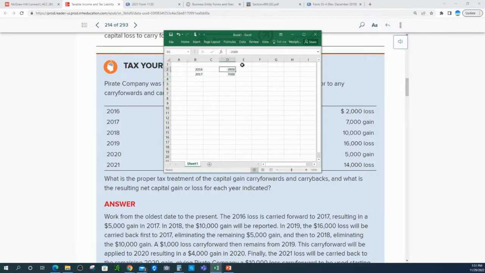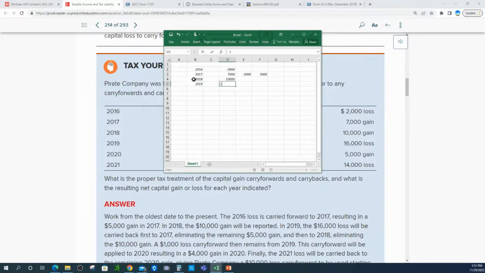They can't carry that 2,000 back, but they can apply it to 2017. So now their gain is $5,000 in 2017. And then in 2018, they got a $10,000 gain.